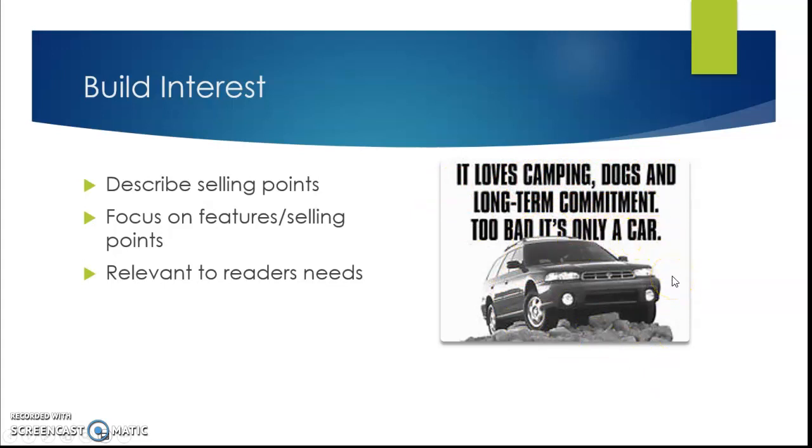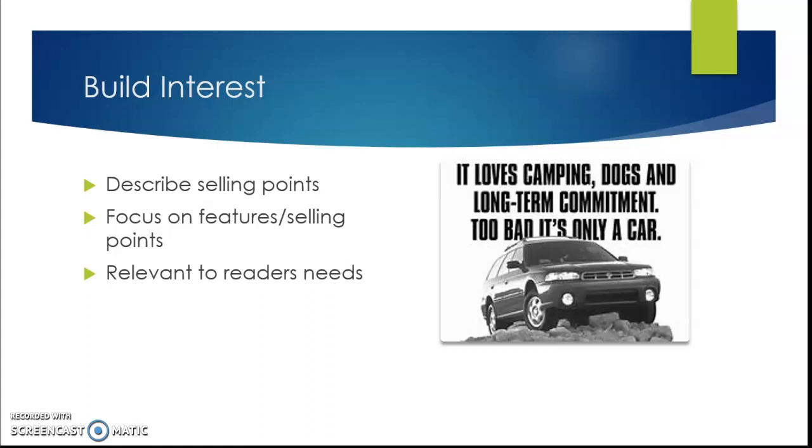So you'll notice the features, the selling points. Outdoor people, camping, dogs, people love their animals. Long-term commitment, right? They're almost portraying this as you're in relationship with this vehicle. And then there's some humor. Too bad it's only a car. So Subaru has isolated more of their selective market.